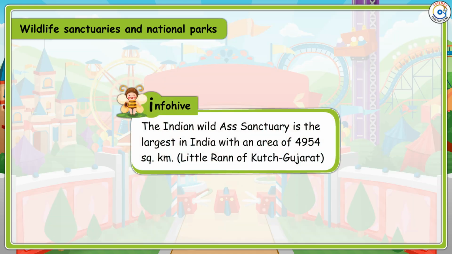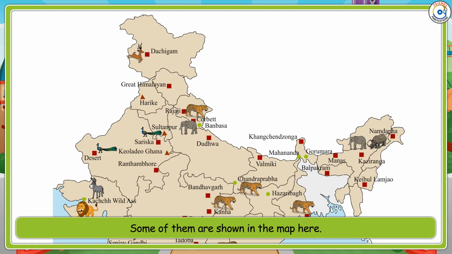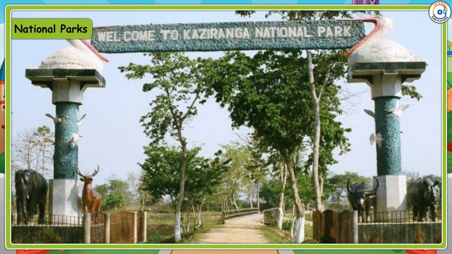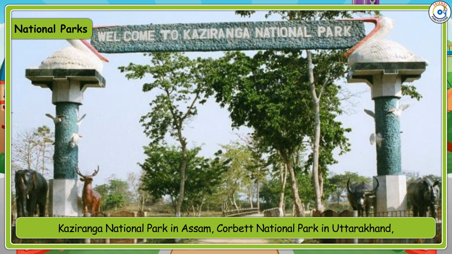Info Hive. The Indian Wild Ass Sanctuary is the largest in India, with an area of 4,954 square kilometers, Little Rann of Kutch, Gujarat. National Parks.